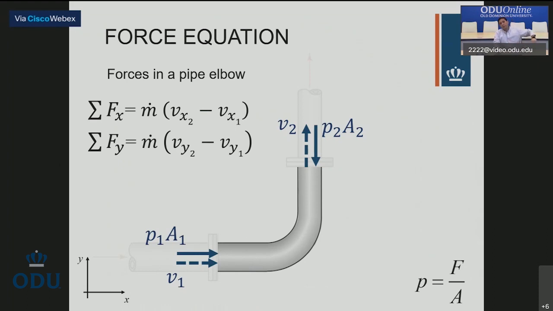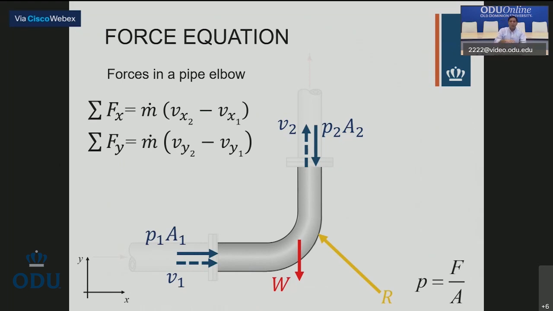The other force that I'm pretty sure you thought about is weight, because the amount of fluid in that elbow has a weight. And finally, the other force that exists is the one that I just described before, the reaction force, the one that the elbow exerts against the fluid because the fluid is hitting the elbow.